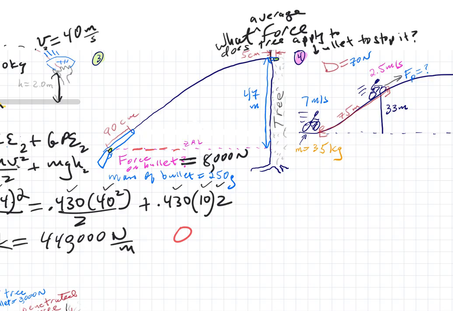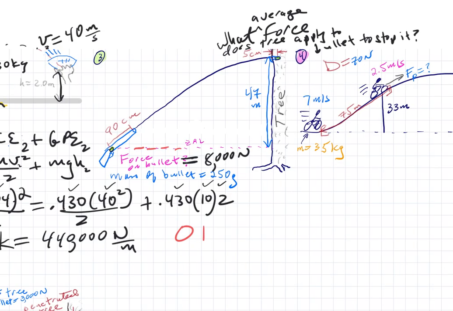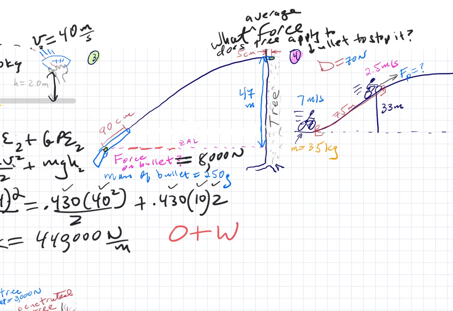Okay, is there a force that's going to be pushing it in between this first picture and where the bullet stops in the tree? Yes. There's going to be work due to the explosion of the gunpowder behind the bullet in the rifle. Is there going to be a force to stop it? Yeah. Or slow it down? Yes.